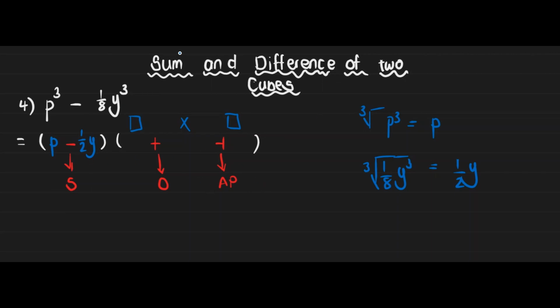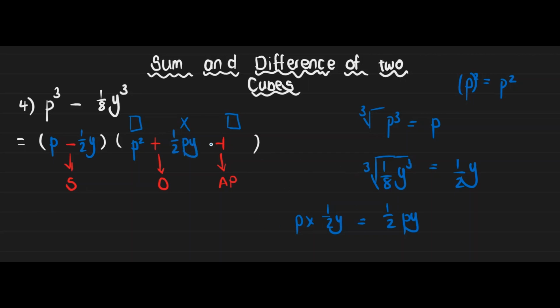Then the first one says we need to square the first term. So p squared is going to give me p squared. And the second one says multiply the first term and the second term. So p multiplied by 1 over 2y is the same as 1 over 2py.